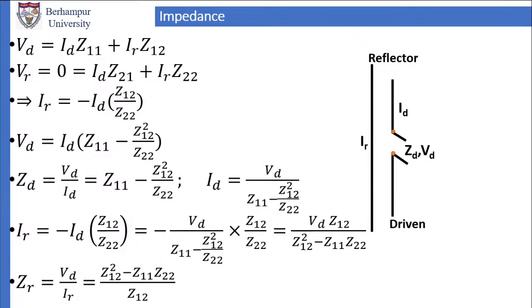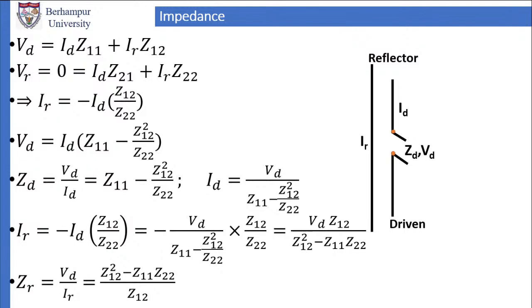IR is the current on the reflector and Z22 is the input impedance of the reflector. From this we can find out IR. IR is equal to minus Id into Z12 by Z22.